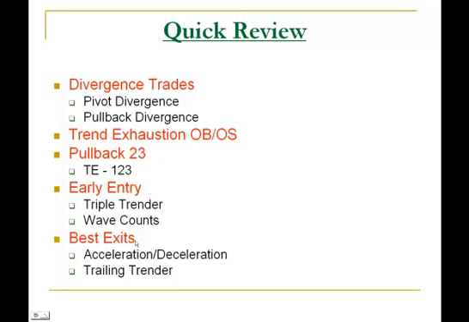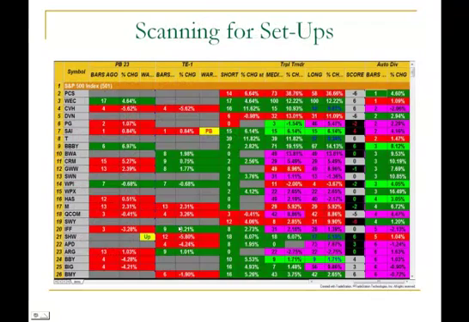And the best exits for my trading are using the radar 2 price leader to identify acceleration and deceleration for quick exit opportunities, and I use the triple trender or some type of trender as a trailing stop usually to exit my positions.